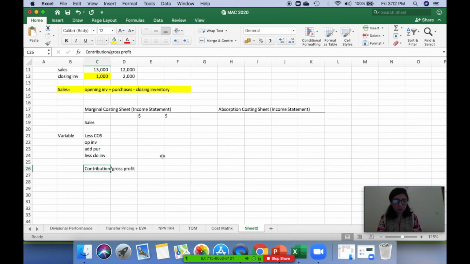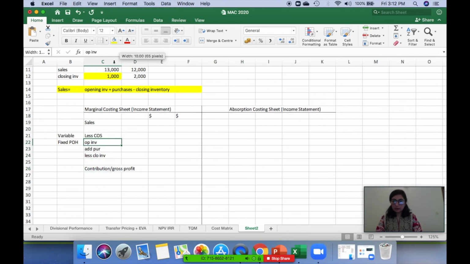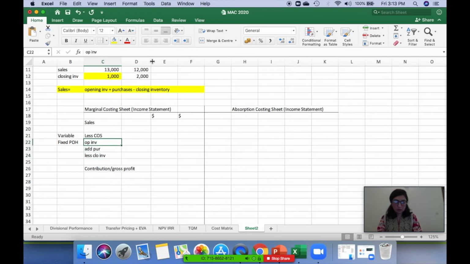But in absorption costing, the cost of sales includes fixed production overheads as well, which makes your contribution not contribution anymore. It makes it gross profit now because you have included a portion of fixed production overheads in your costing in absorption costing, right? Alright, so I'm going to create a little space here by extending my rows and columns.